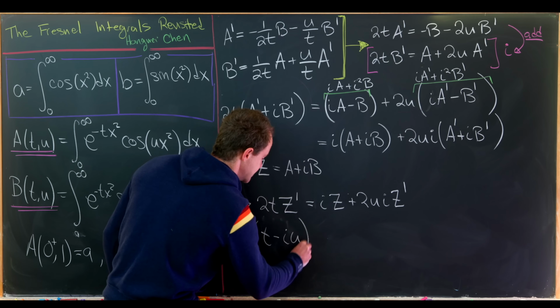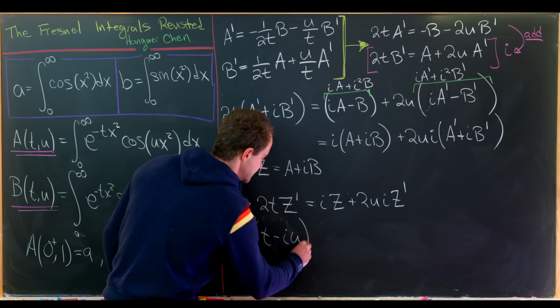So this i times i here will give us negative 1, and then distributing this i through here will give us i times t plus u. So we'll have z prime over z is equal to minus half times 1 over u plus i times t. Great, and that's a nice differential equation. Okay, so let's bring that up to the top and we'll keep going.